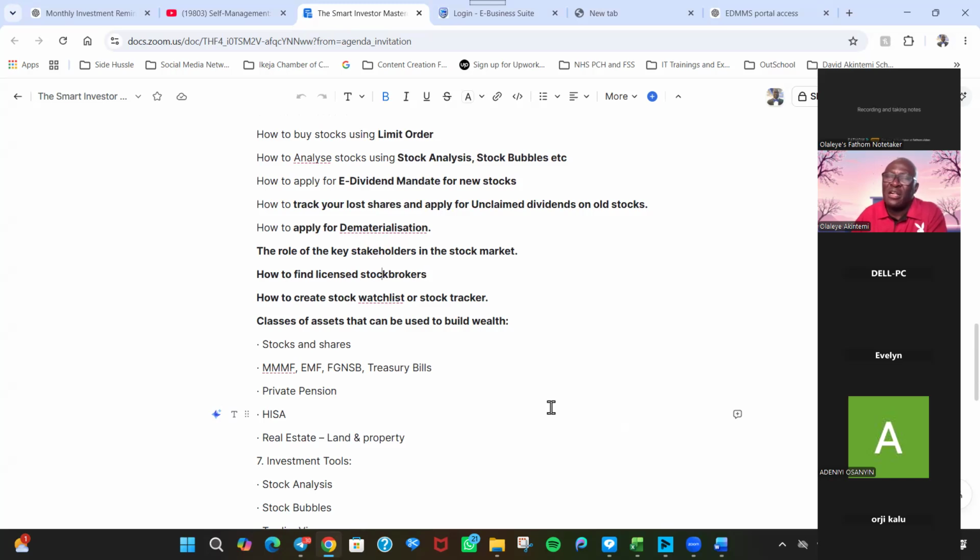But if they are still helping you to buy stocks manually, it means that stockbroker has not upgraded themselves. They are using an analog mind to operate in a digital era. So don't register with such a stockbroker.